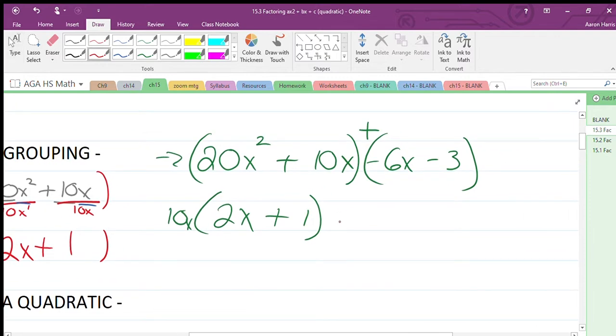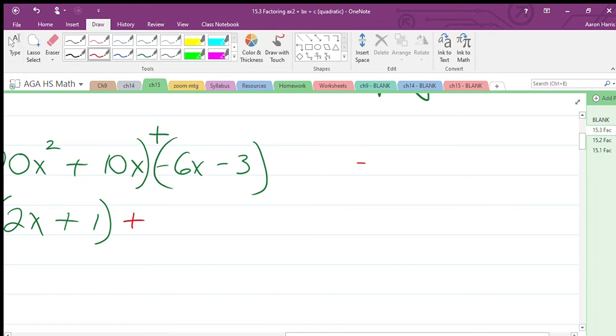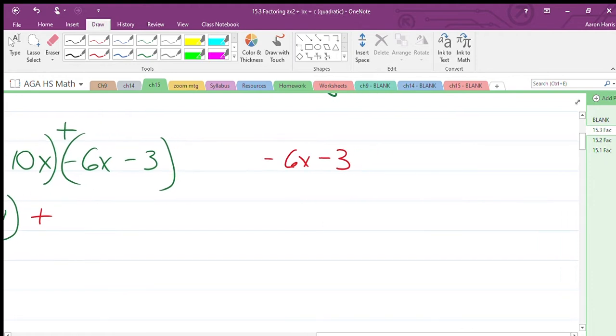We're going to add that to, let's do this one now, negative 6x minus 3. I look at the numbers, 6 and 3. What is the GCF of the numbers? Well, I know 3 goes into 3 and I know 3 goes into 6. So I know that my GCF for the numbers is 3.